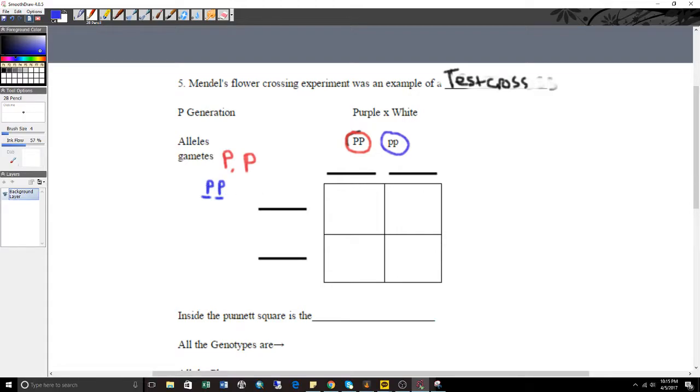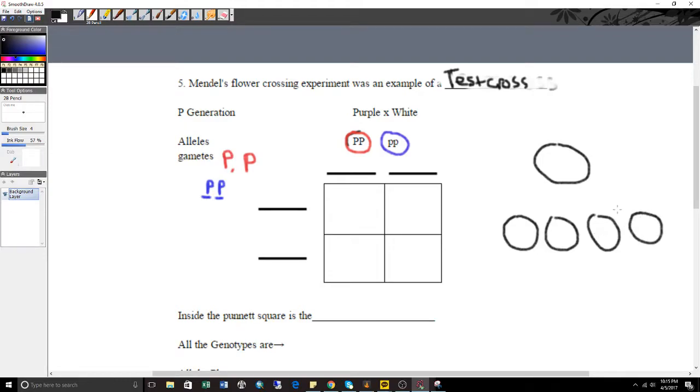Now, just some background so this makes sense, this is during meiosis, right? We're doing a pea plant, but this is going to be basic. You have your original cell, and it's going to have its chromosomes attached, this pair of chromosomes.